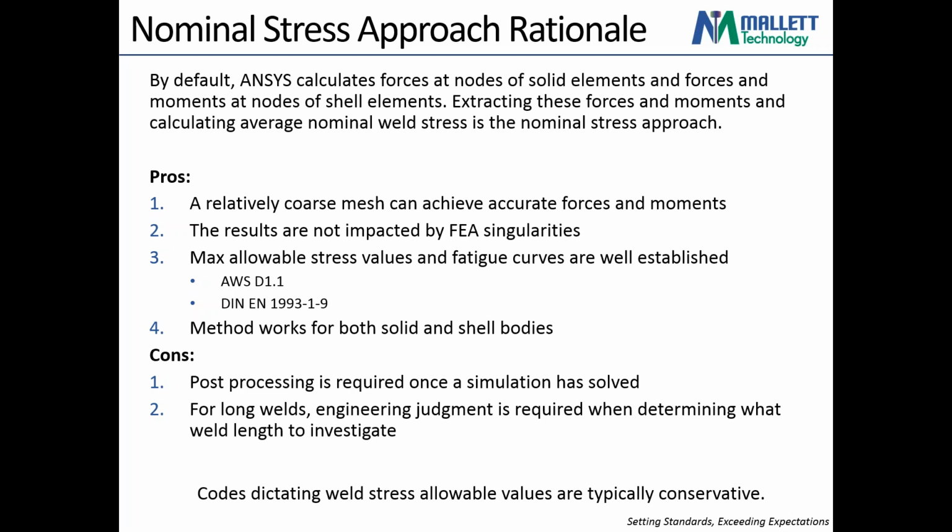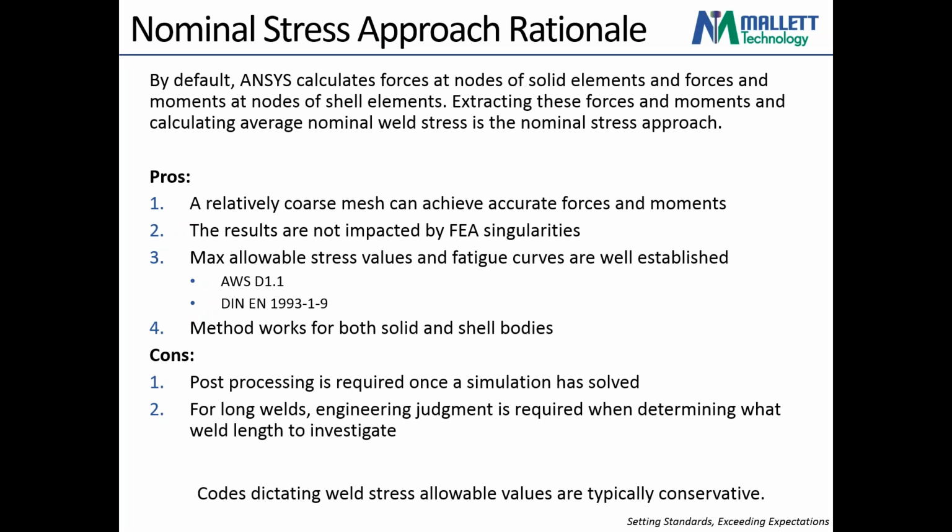There are other standards out there that define allowables for the hot spot method or other things like that. But from the standpoint of the nominal stress method, typically the standards we're looking at are going to be AWS D1.1 or DIN EN 1993-1-9.